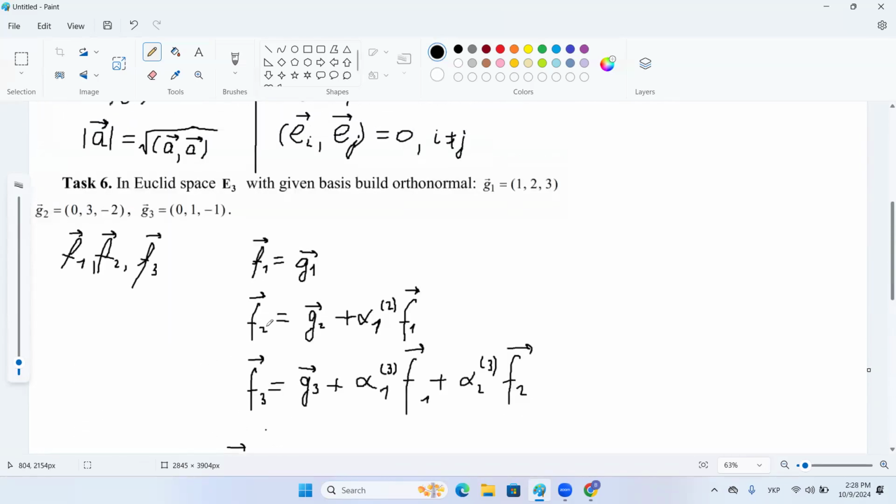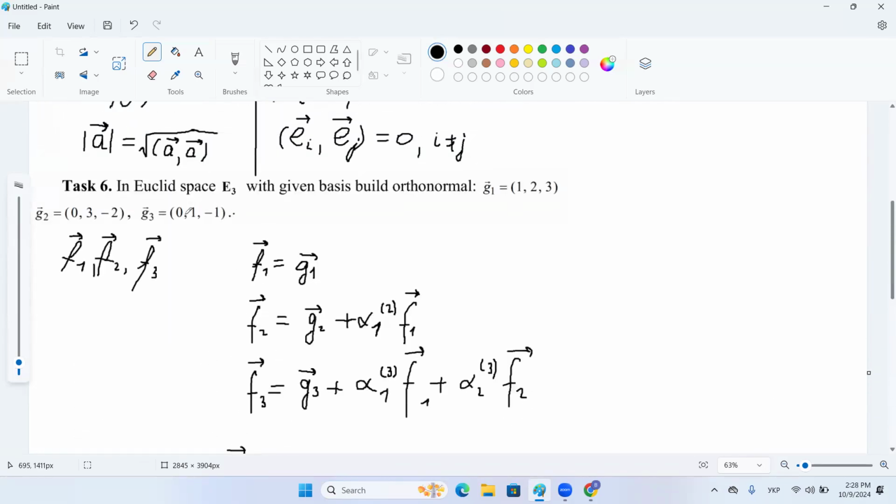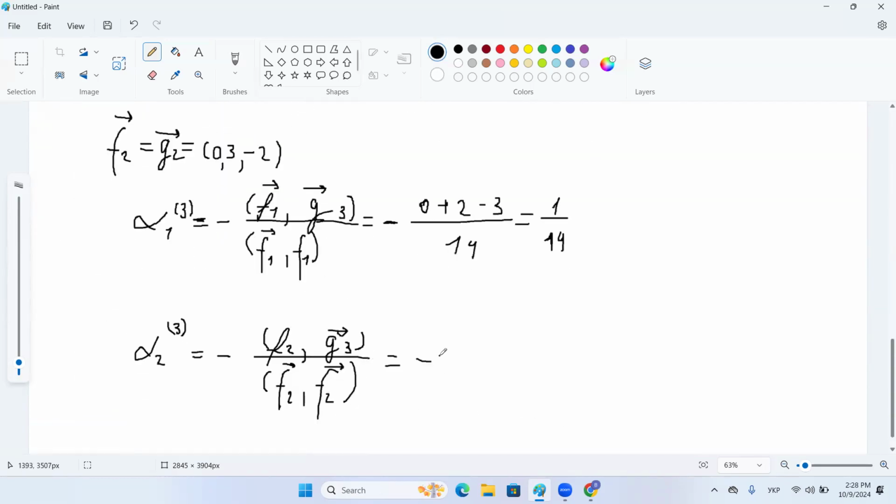It's just such a wacky case. So the scalar product is 3 plus 3, 6, and the scalar product over f2, so 9 plus 4, and it will be minus 6 divided by 13.